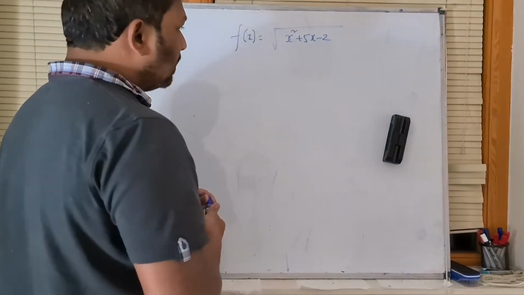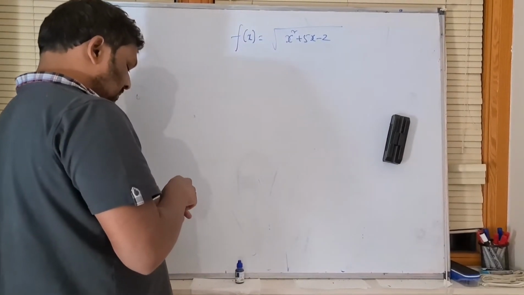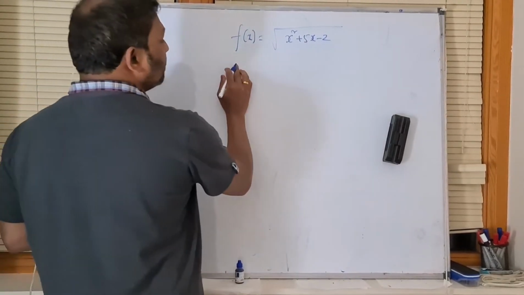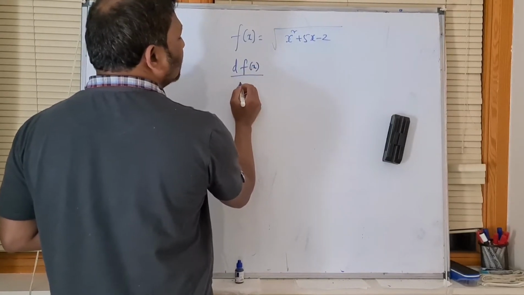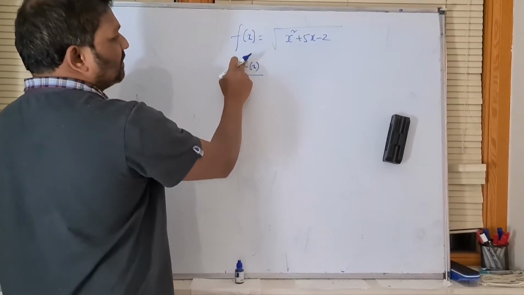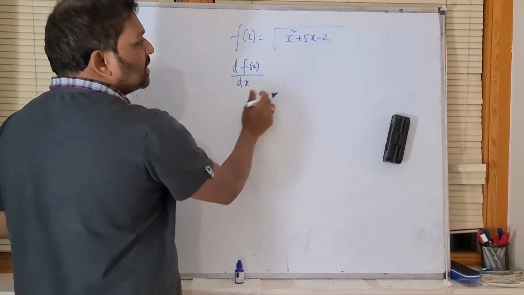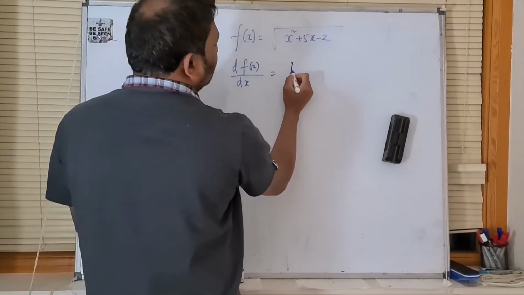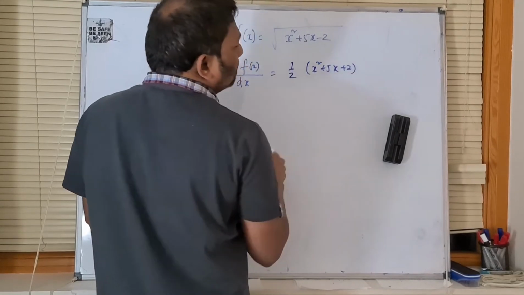Okay, keep saying. What next? The differentiation of f of x with respect to x, where f of x is y, can be written as the whole to the power of 1 by 2. So 1 by 2 times x square plus 5x minus 2, and the power is reduced by 1.